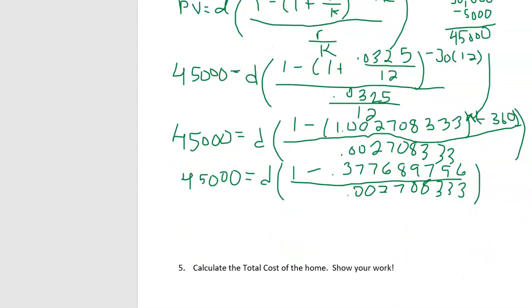Now on the top, let's do the 1 minus the 0.3776 and so on. That's going to give me 0.622310204. And then I'll just rewrite that bottom.